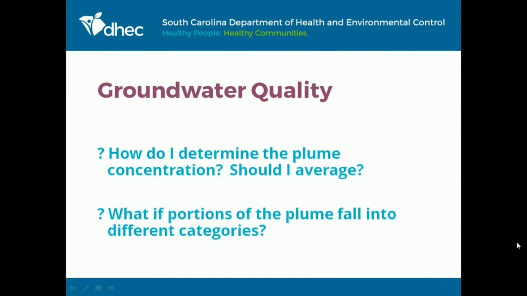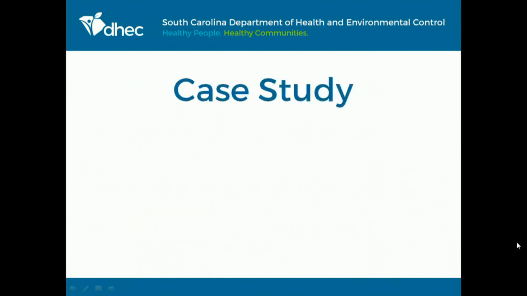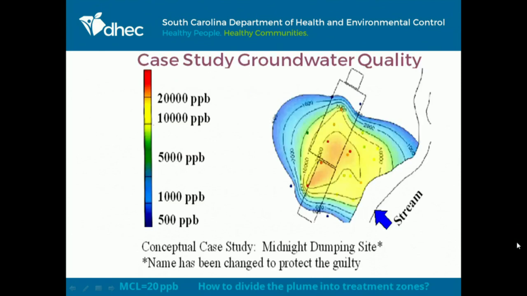So the question comes up, how do you determine the plume concentration? Should you average? I've got 20 points, and some are above 50 and some are above 1,000, and what should I do if portions of the plume fall into different categories? And with that, I'd like to introduce our first case study. We'll be looking at this a couple of times. This is the colored map that you have.